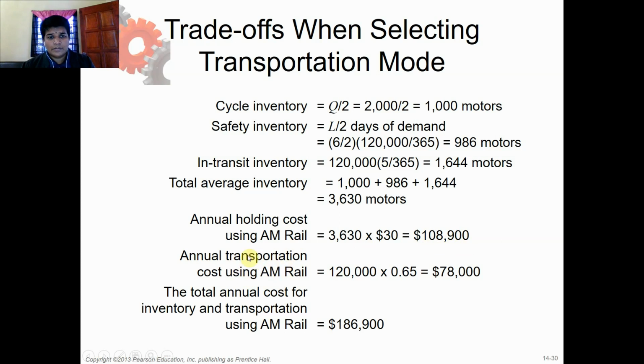Here the transportation cost for rail will be 78,000 US dollars. So the total annual cost for inventory plus transportation will be 186,900. You just add these two figures to get the total annual cost.